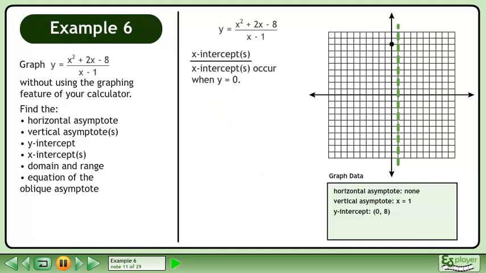Now we'll find the x-intercepts. X-intercepts occur when y equals 0. Plug in 0 for y. Multiply both sides of the equation by x minus 1. This gives us 0 equals x squared plus 2x minus 8.